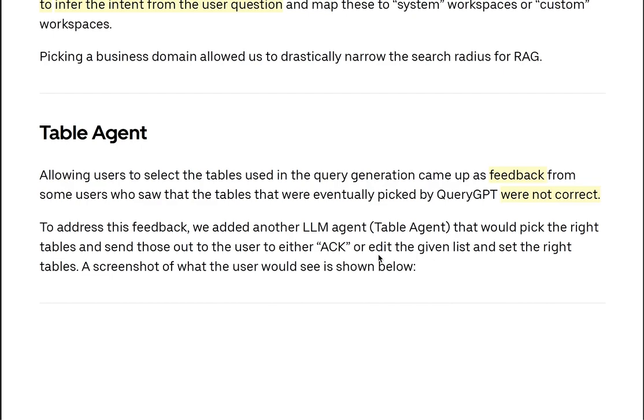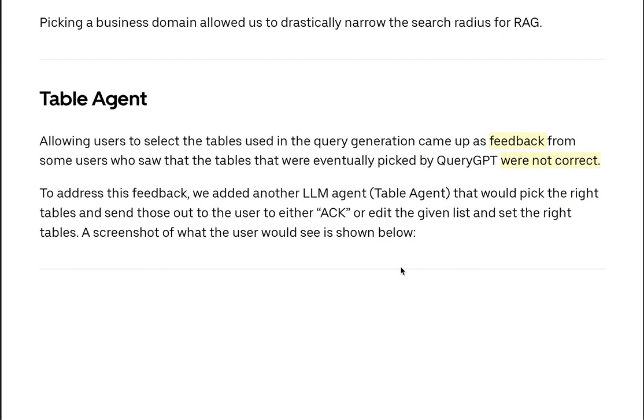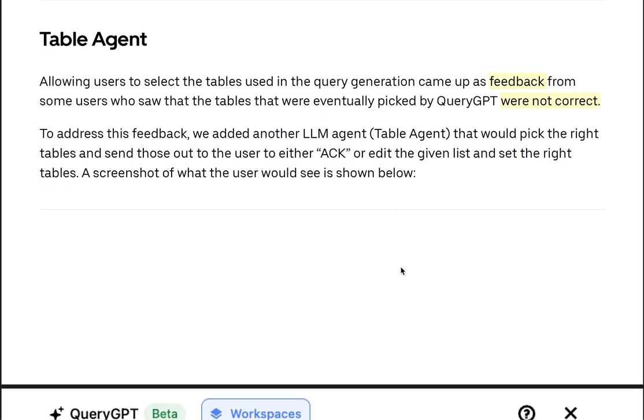According to them, they took feedback from users that QueryGPT was not finding the right tables to query. So people should get an option to acknowledge whether QueryGPT is using the right set of tables or not, before the LLM generates the output.